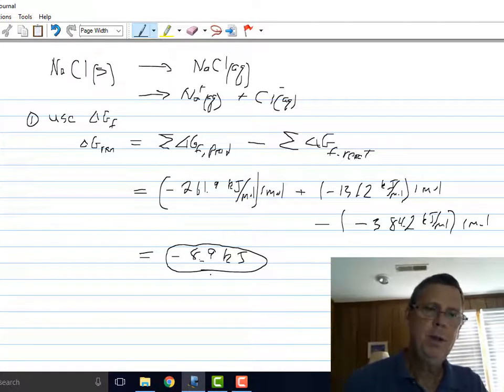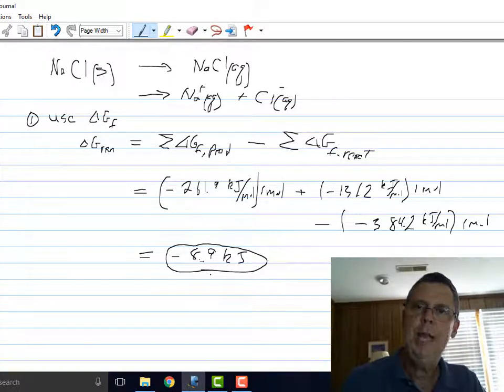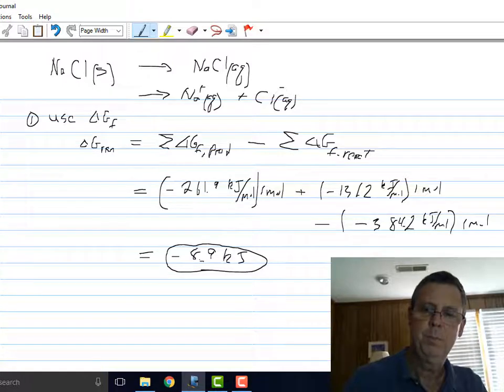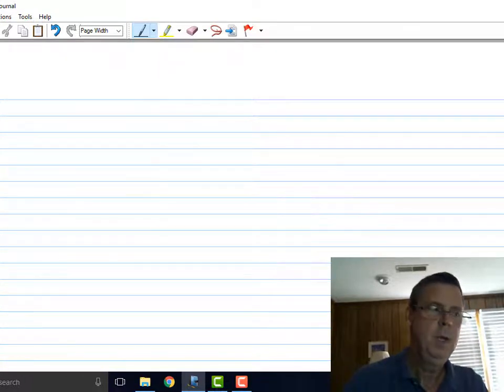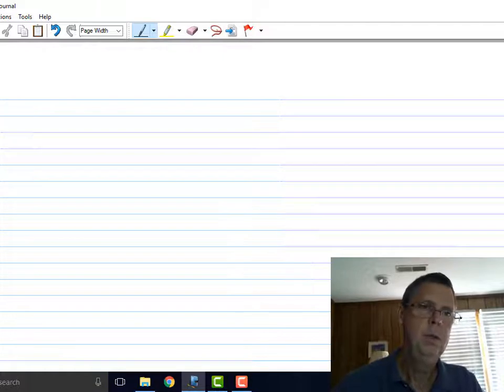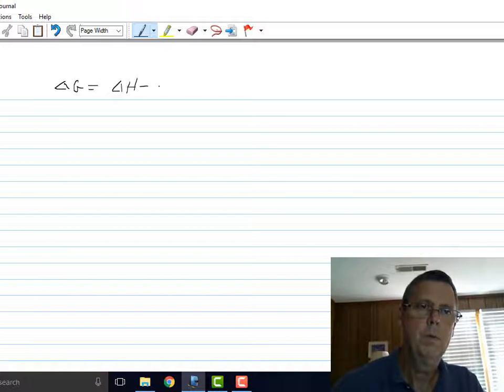So there are two other ways we want to look at how to solve this problem, how to find the free energy of this same reaction, just to show you for clarification. So the next way is to use this relationship.